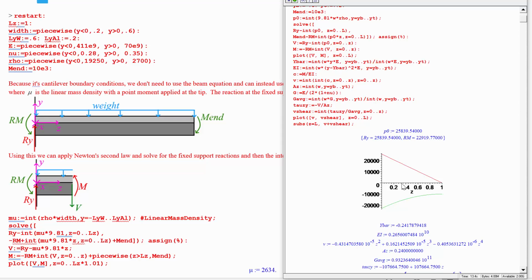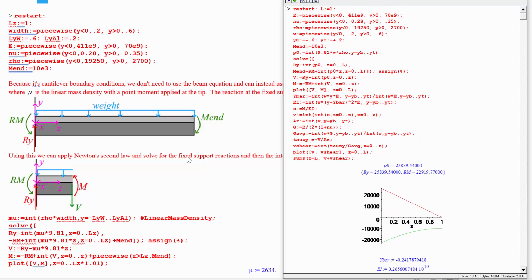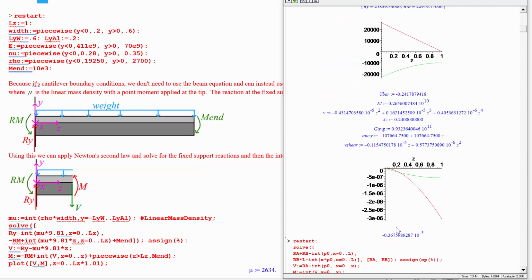You've got sort of like 3 times the total area of that due to this applied moment at the end. So maybe triple its own weight, but these are pretty strong materials, so they can support a fair bit of their own weight, and this deformation maybe sounds like it's about the right order of magnitude, a few microns of displacement after 1 meter of this beam under its own weight.